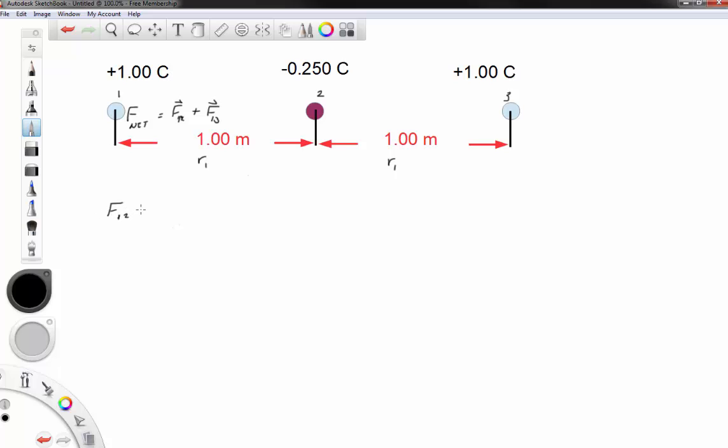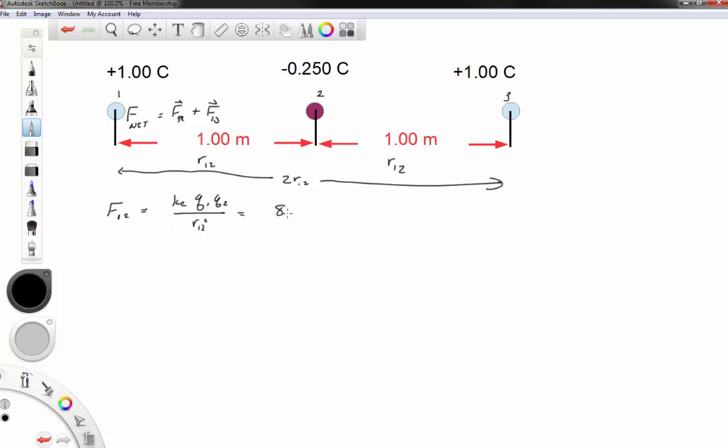So F12 is going to be KE Q1 Q2 over R12 squared. The total distance right here is 2R12 to get over to this guy.